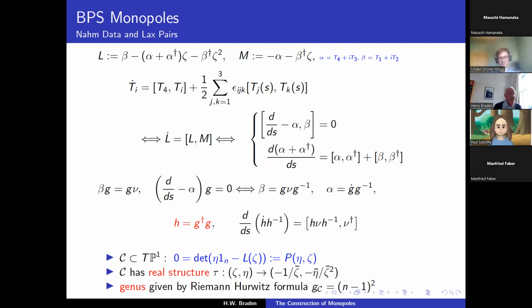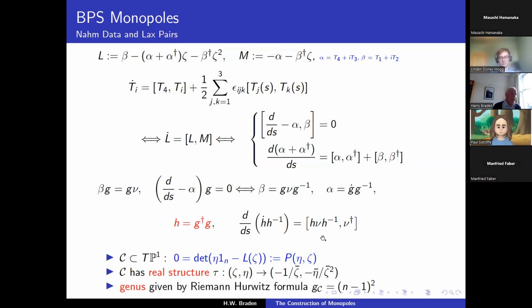Donaldson proved the existence of solutions to this real equation for Nahm data. So what I'm just wanting to indicate is that the Nahm data is equivalent to a Lax pair, and we're going to come back to that.